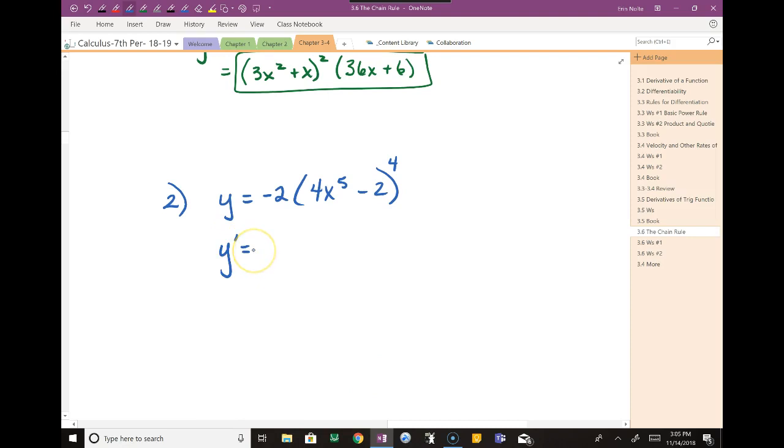All right, tell me what the first number is. -8 times 4x to the 5th minus 2 to the 3rd times 20x to the 4th. Very good. Okay, so now what can I simplify?